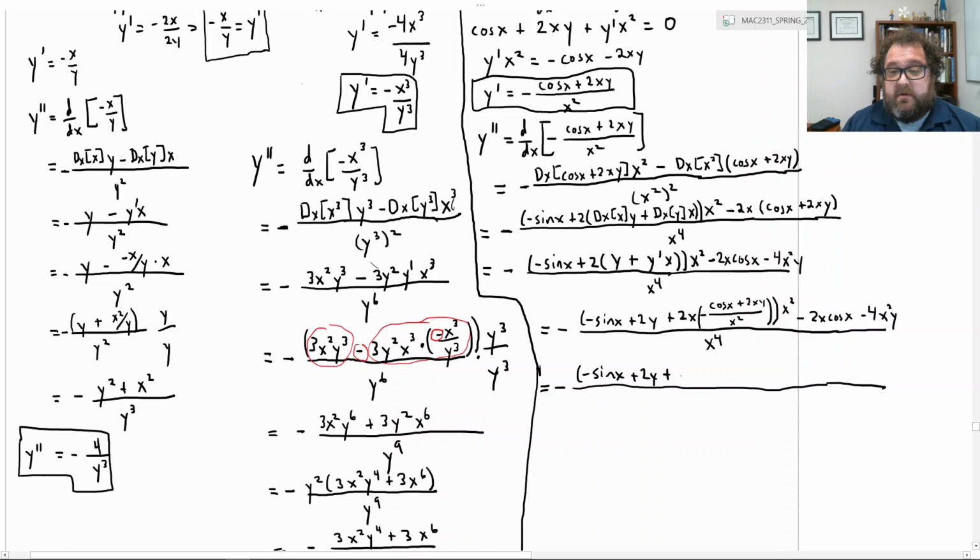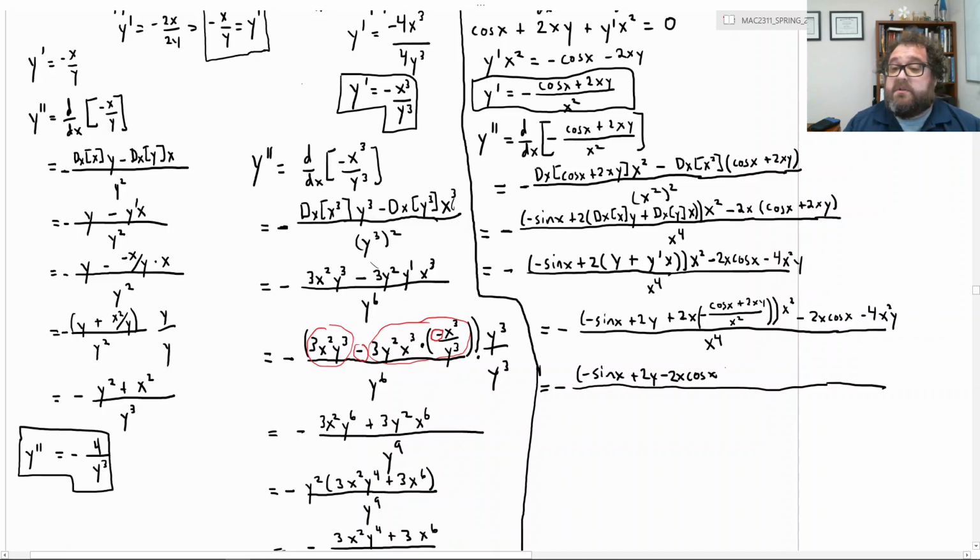Both of those terms are negative, because there's a negative sign in front of the numerator. So it's going to be 2x times negative cosine x, which means we're going to get negative 2x cosine x. So minus 2x cosine x.